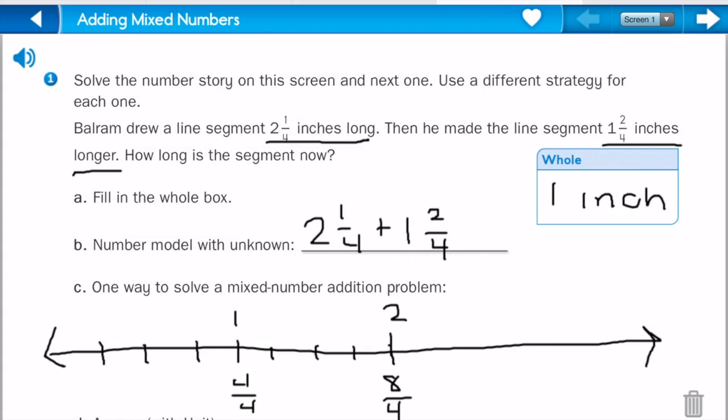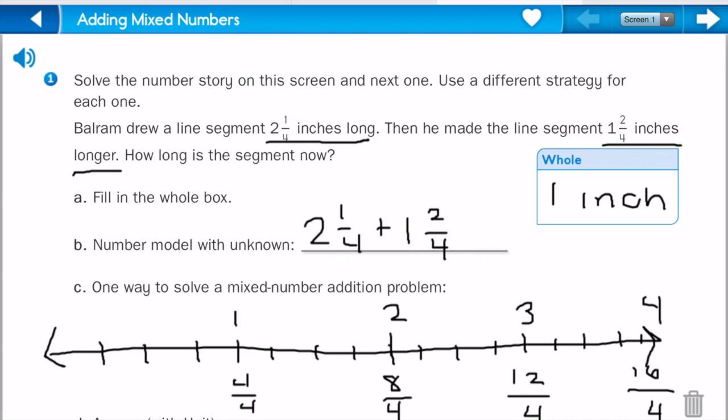And then we have 12/4 or 3. And then we have 16/4, which would be 4. Okay, so there's our number line.